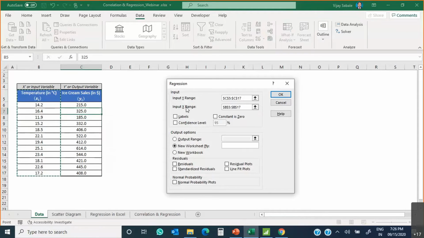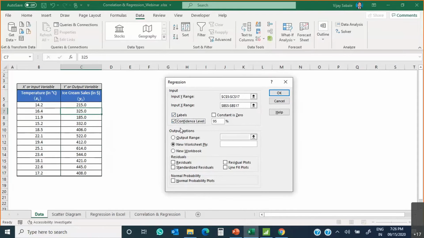Now we have a Y range and an X range. As we have selected the labels, we have to check the Labels box, so the labels are taken into consideration. Now if you want the values calculated with a 95% confidence interval, we can select that here.